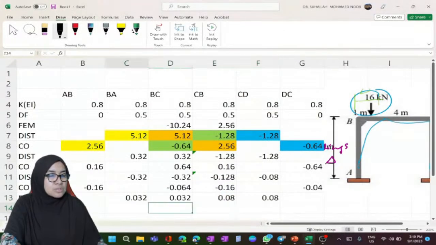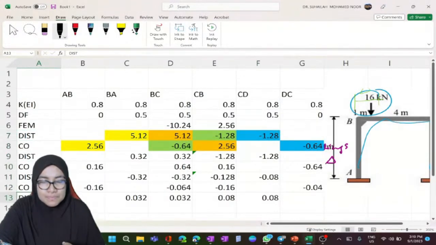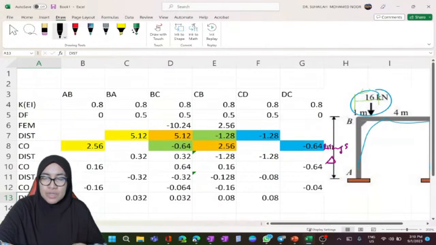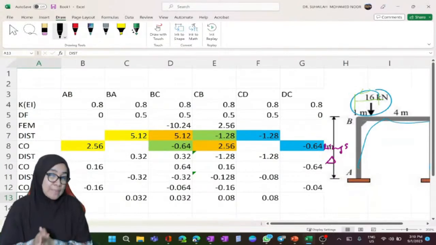So let's look how many times that we distribute. 1, 2, 3, 4. Actually, you may stop whenever the last distribution value reaches 0. If you get something like 0.0 something, actually you can stop. You can continue if you want, but you can also stop after you meet 0.0 something.